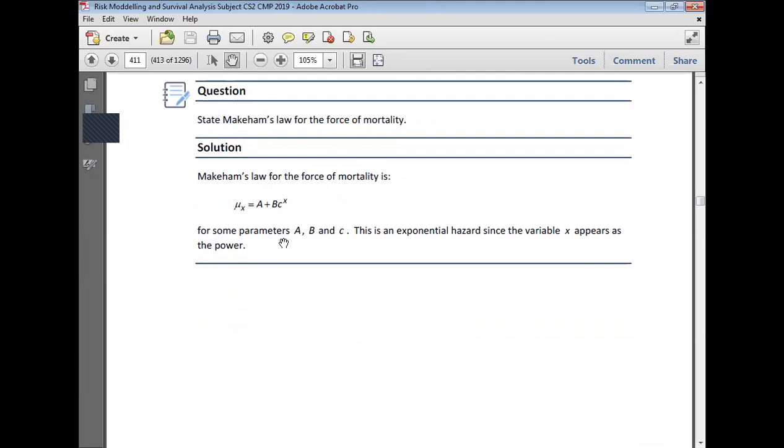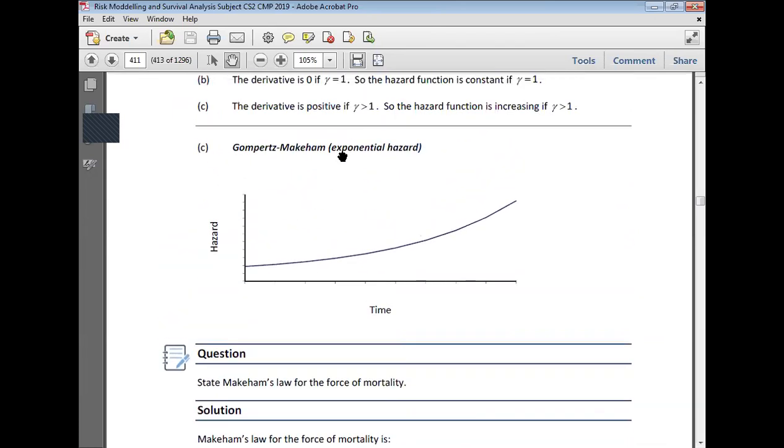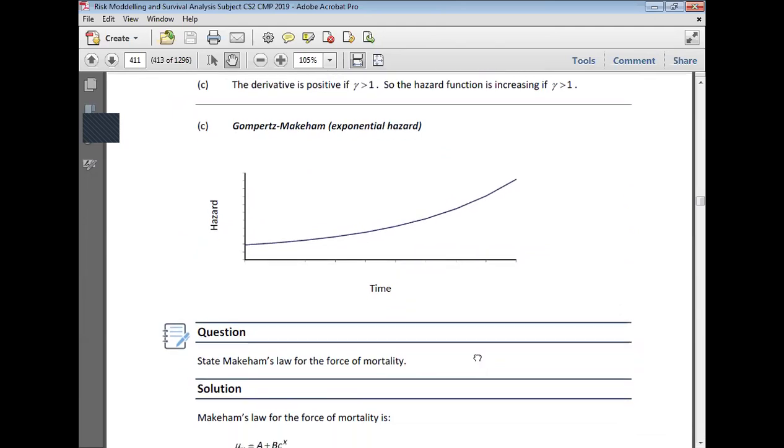And you see we have two particular terms here. One is A, which is independent of the age of this particular person. And the other term depends on the age. This age is raised to the power of some constant, which is c, and that is one of the reasons why we call these exponential hazard. In an exponential function, you have e raised to x, where e is just some constant.